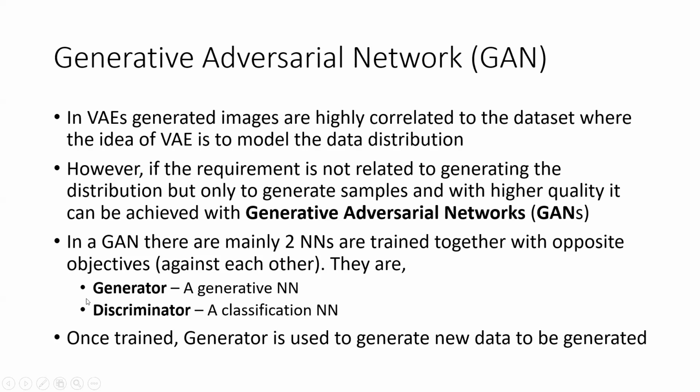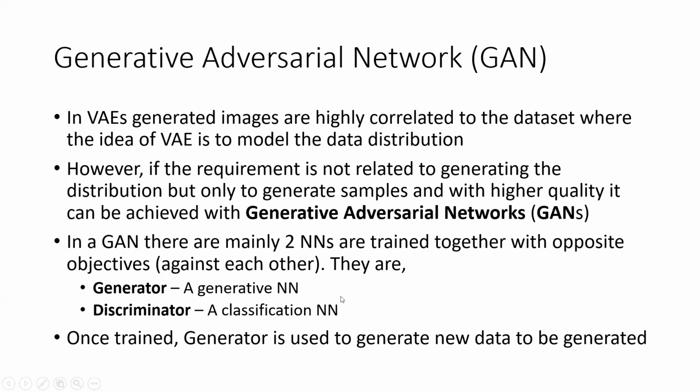And there's a discriminator, which is also a neural network, based on classification that we know, right? So maybe some feed-forward network followed by a softmax classifier or something like that. If it's a binary classifier, you can use logistic regression or whatever, right? So this is a discriminator and this is a generator.